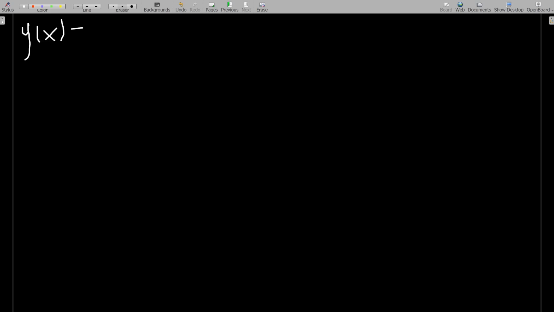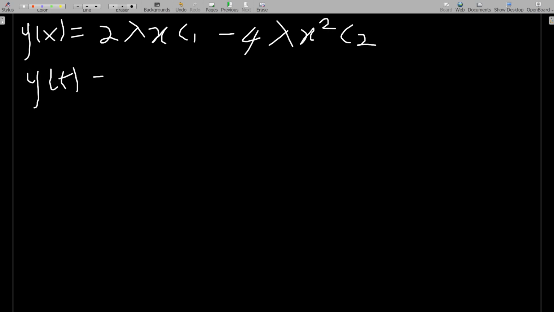So y of x is giving us 2 lambda x c1 minus 4 lambda x squared c2. So therefore our y of t will definitely be equal to 2 lambda t c1 minus 4 lambda t squared c2. I hope you understand why I've written this.